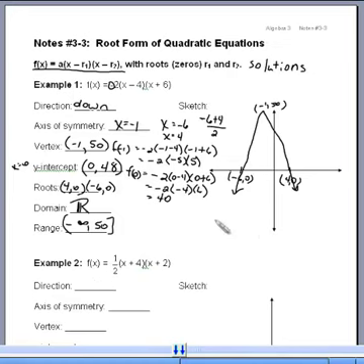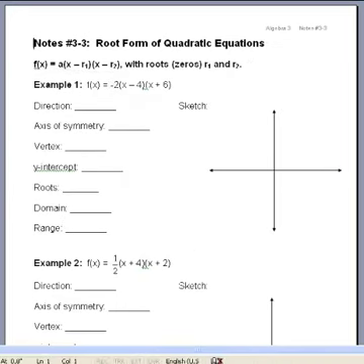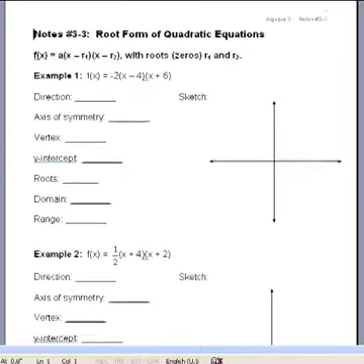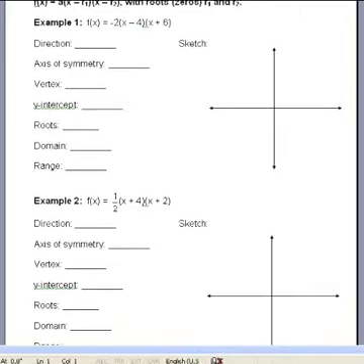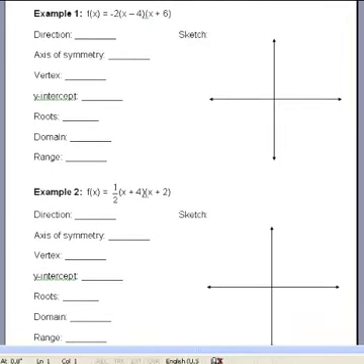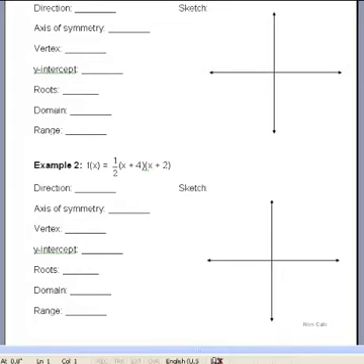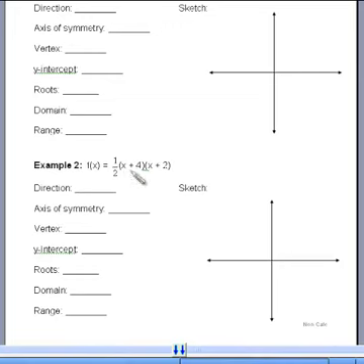Now I'm going to move down to the next example, so this will go away when I click the mouse, and we'll move down a bit. See if we can get it without changing pages, where we can see all of it. Yep, okay, there we go. Now looking at this example, f of x is equal to 1/2 times (x plus 4) times (x minus 2).